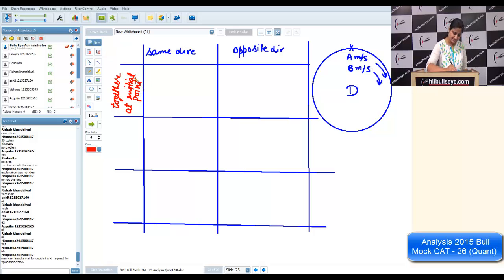The second thing is, when will they be together for the first time? And the third thing asked is, number of distinct meeting points.